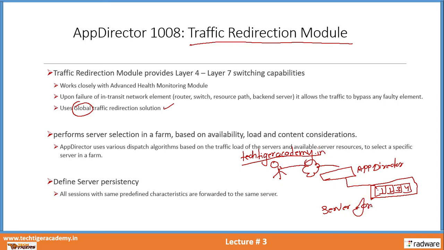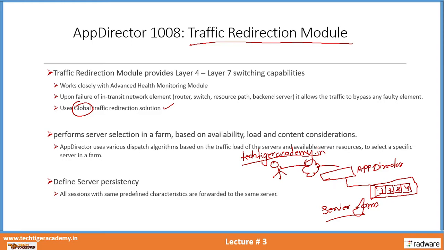This pack of 4 servers is called a server farm. So app director uses various dispatch algorithms based on the traffic load of the servers and availability of server resources to select a specific one. In one example, you can assume that all the 4 servers have equal amounts of CPU, hard disk, and RAM. In that case, you would go with round robin.